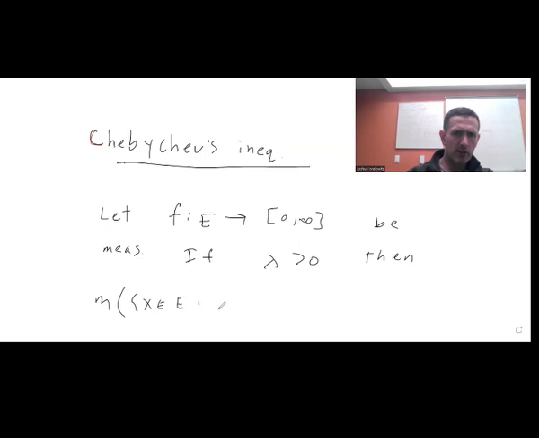the set of all x in E where f of x is greater than lambda, is less than or equal to 1 over lambda times the integral of f over E. I will do this the same way the book does, on page 387 or something like that, where it does this towards the end.